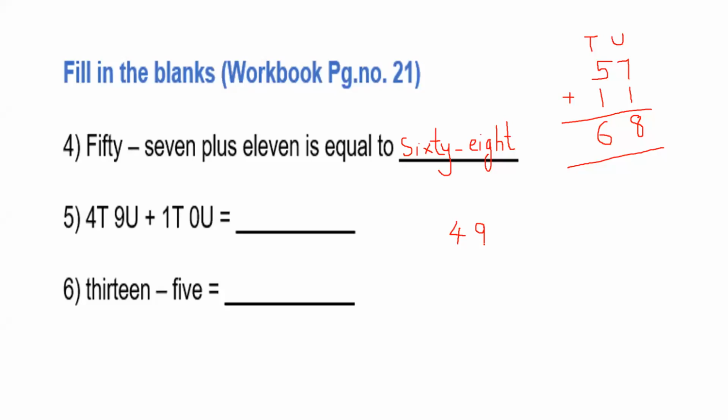What will be the next number? 1 is in tens place because 1 ten. And how many units? 0 units. So you should write it down with me in the notebook. Answer you will write in the workbook. Okay. Then tens and units.